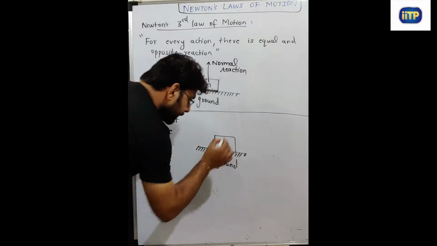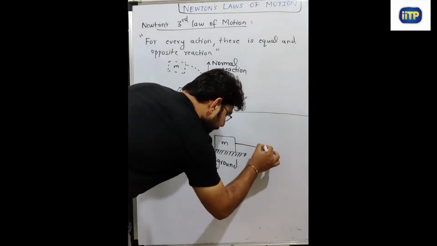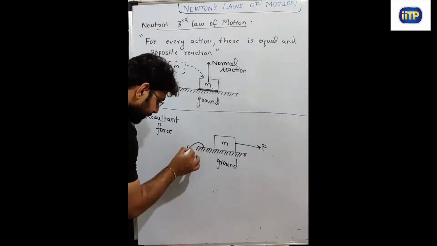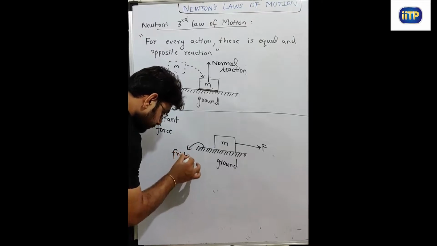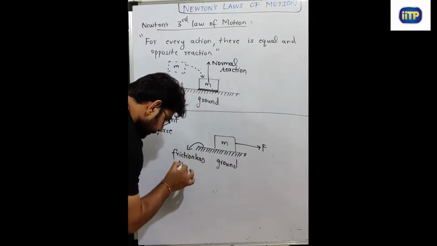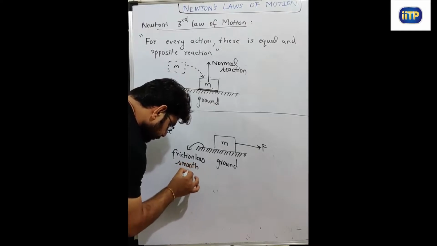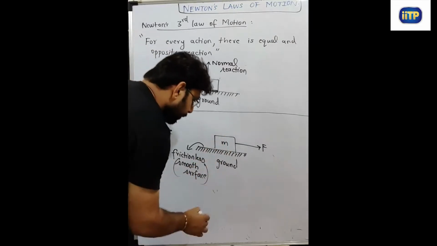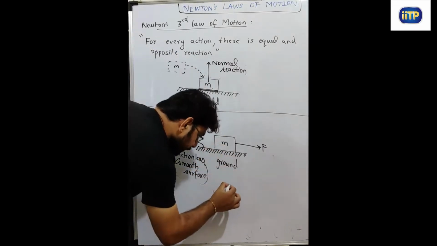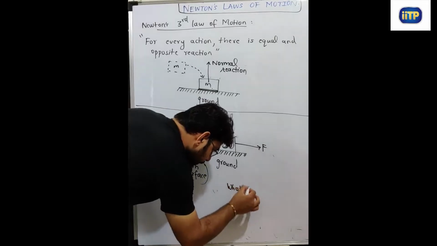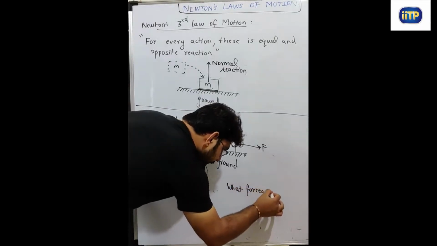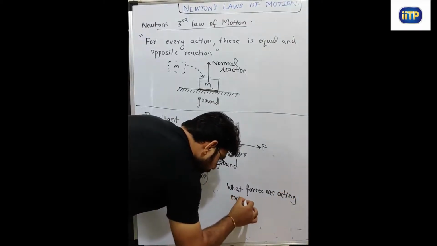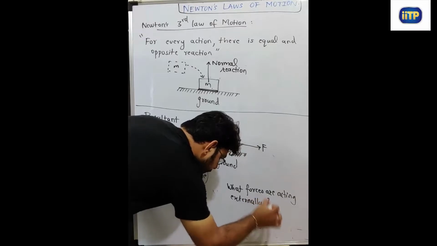Now this block of mass m has been applied with an external force F, in the right hand side direction, and the surface is frictionless, so it is a smooth surface. Now we will study what forces are acting externally on the block, not internal forces, externally. So let us see that.